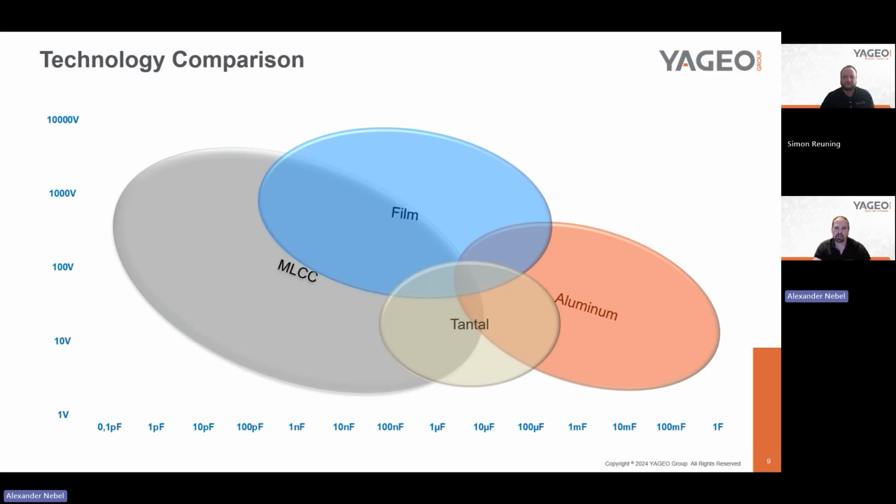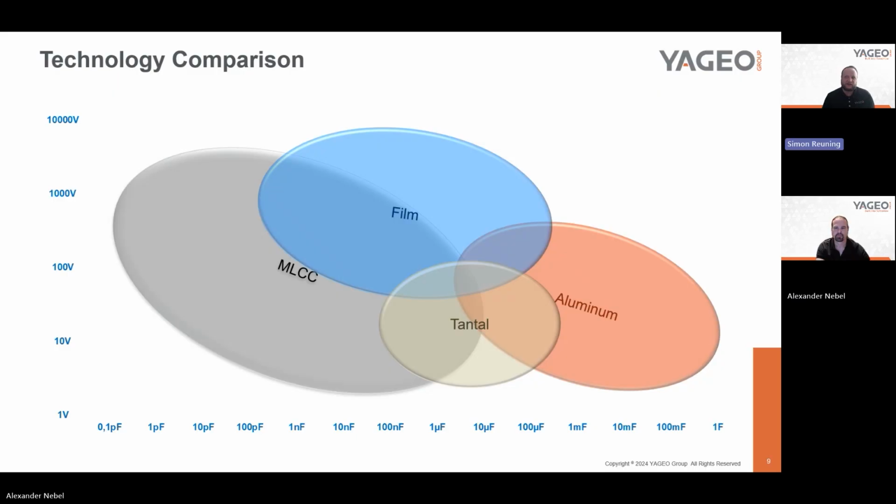We see here the existing voltage and capacitance range for each of the four technologies. As an example, if the application voltage is 1000 volt, we have no choice within the tantalum technology, and also aluminum capacitors are limited, depending on the series, to 450 volt, 630, or maybe some series go up to 800 volts.